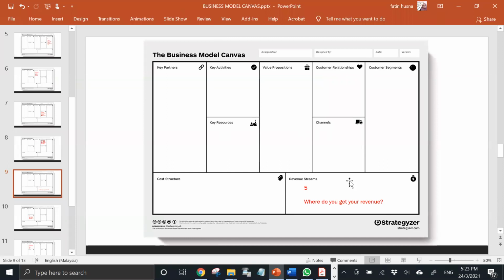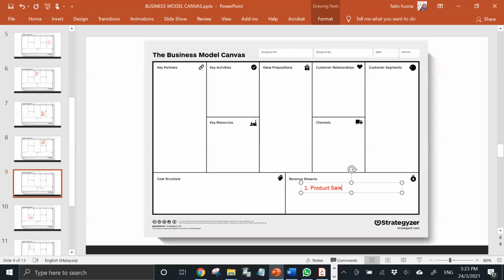Revenue streams. Where do you get your revenue? So basically, your product sales. This is a normal thing that people put. Product sales.